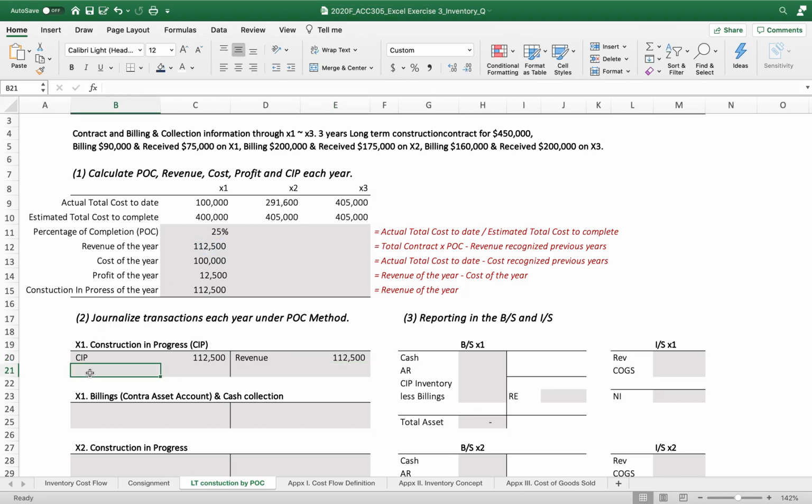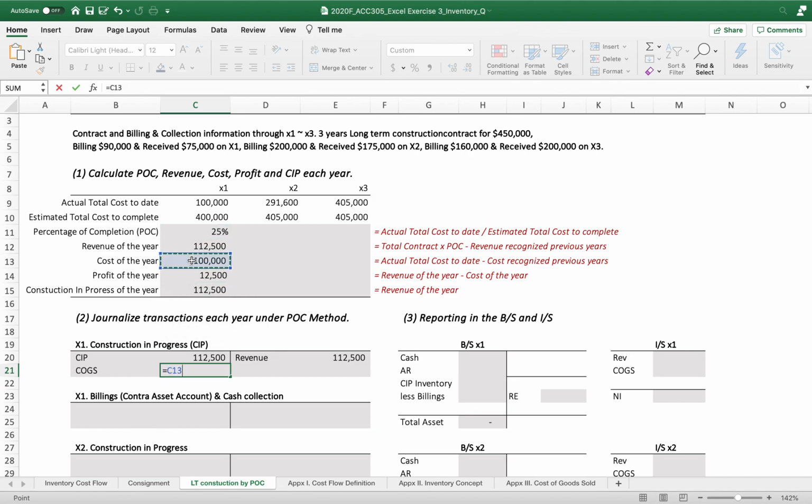And then we need to consider cost of goods sold. Why do we need to consider cost of goods sold even though the company didn't finish the construction? Because we recognize the revenue based on the matching principle. Now we can recognize costs. By doing so, we also can come up with the profit of the year. Okay, so the cost of goods sold is the same as which one?